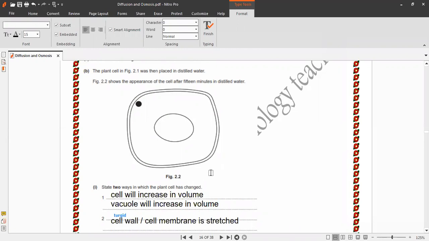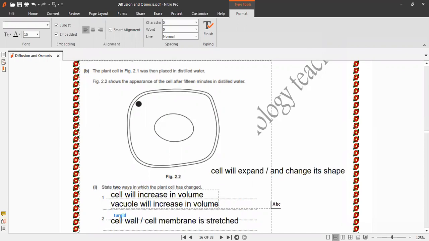Okay, and here you can write the cell will expand and change its shape.